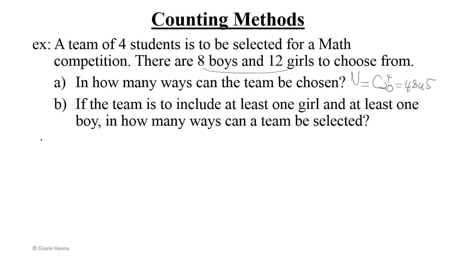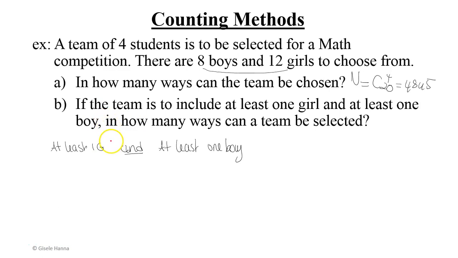While for part B, in part B they said if the team is to include at least one girl and at least one boy, in how many ways can a team be selected? Now, if we were to look at this event, it says at least one girl and at least one boy. Okay, so over here, if I were to look at the opposite event of this, what's the opposite of at least one girl and at least one boy?